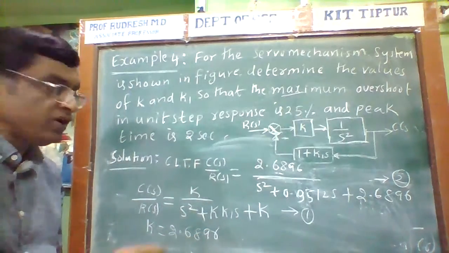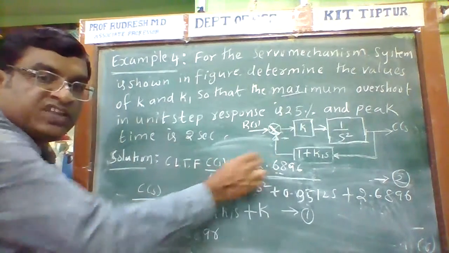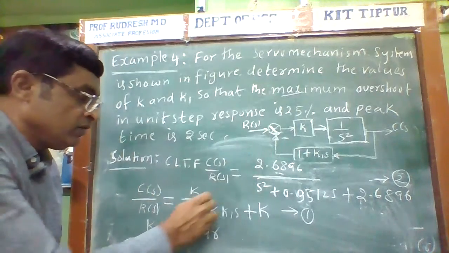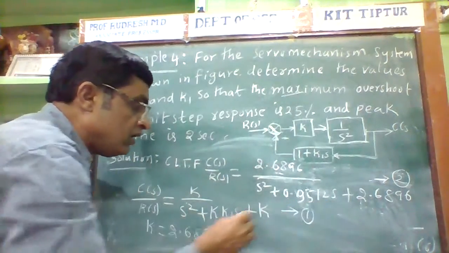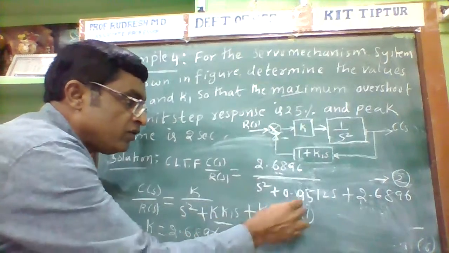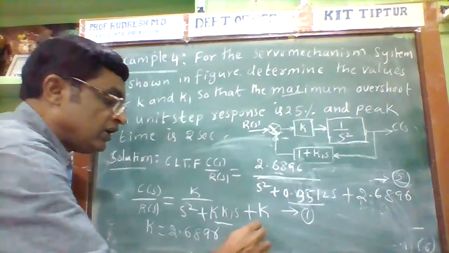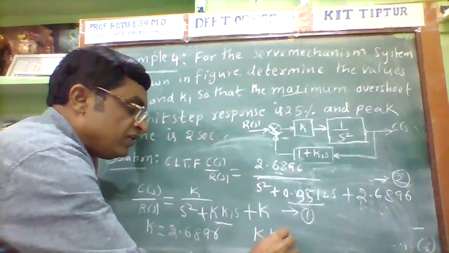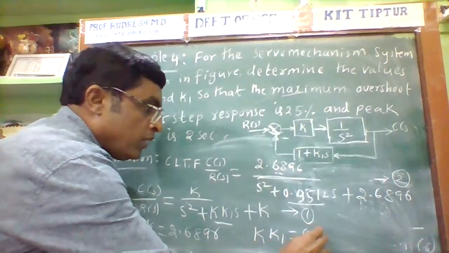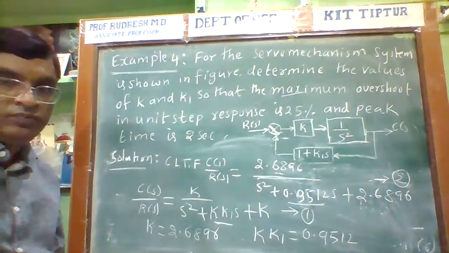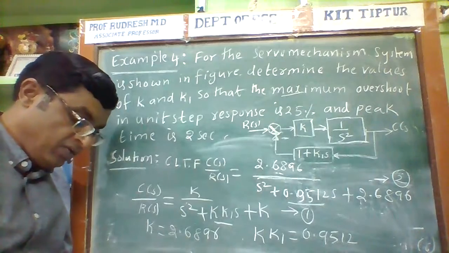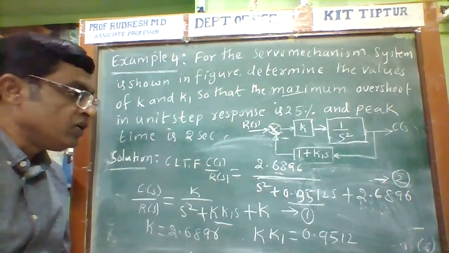If I compare the numerator with the numerator of the equation, this is equal to this K value. Similarly, what is the value of the denominator? K into K1 is equal to 0.9512.